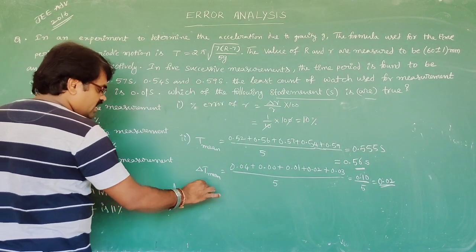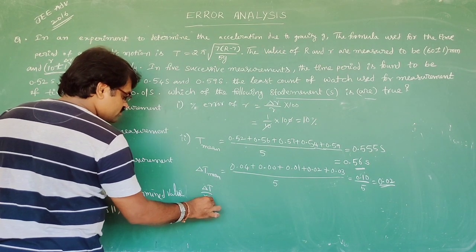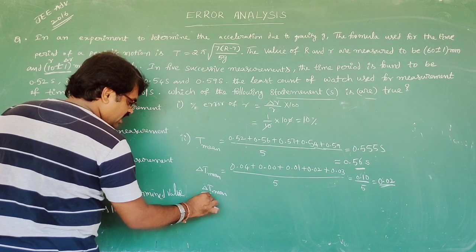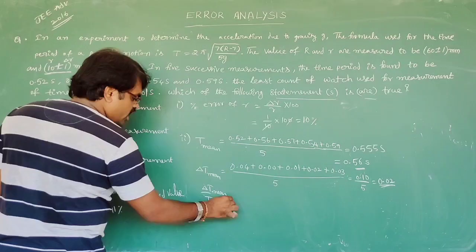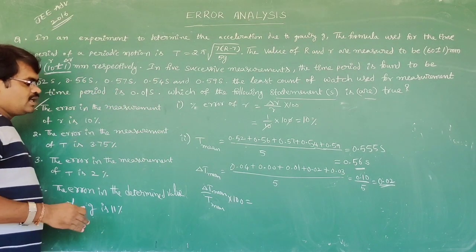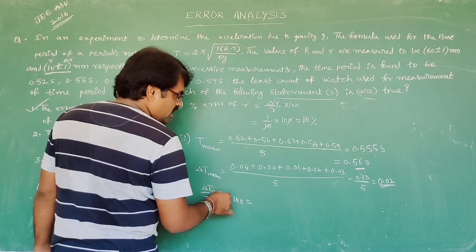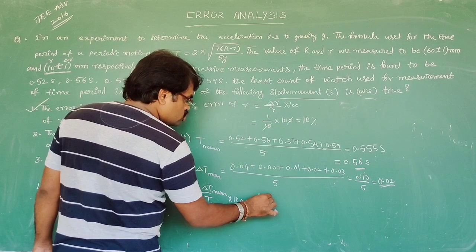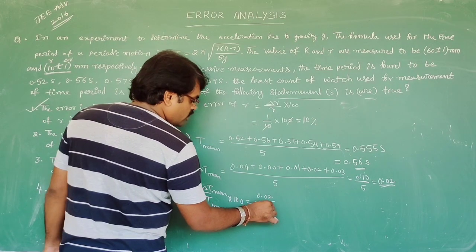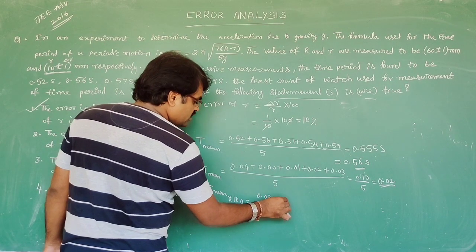Then we find delta T mean by T mean into 100, because it is the error in the measurement of time. Delta T mean is 0.02 by T mean, 0.56, into 100.